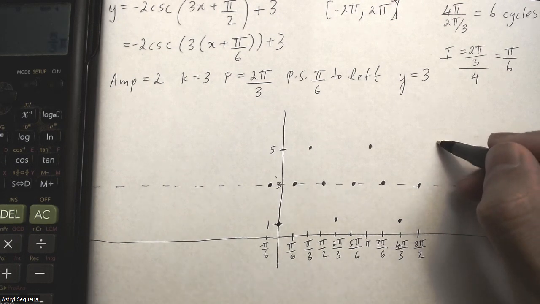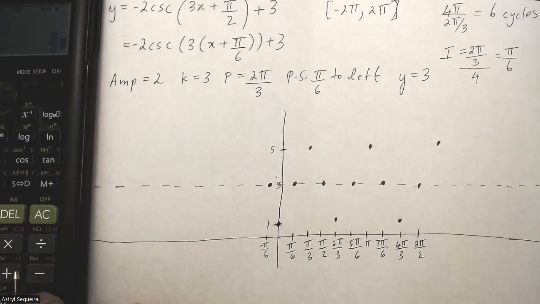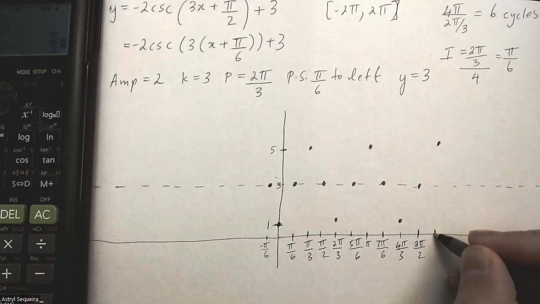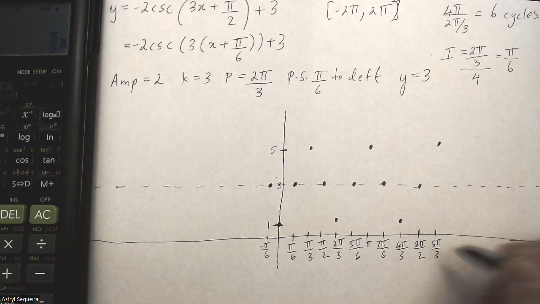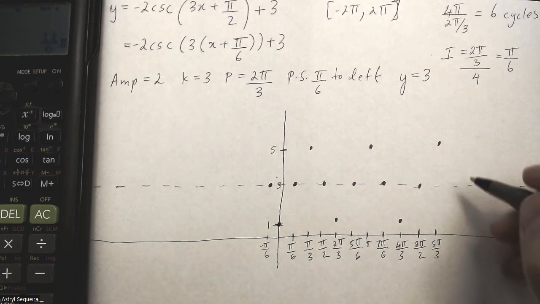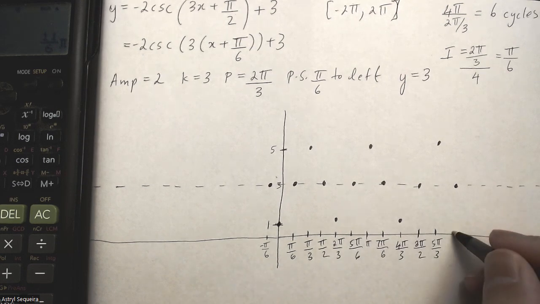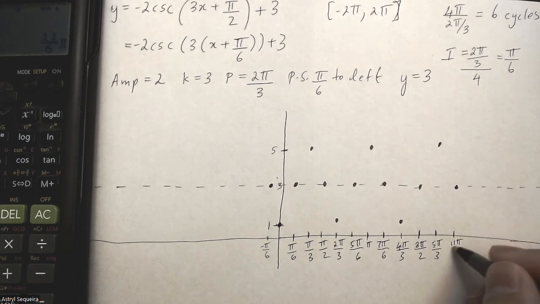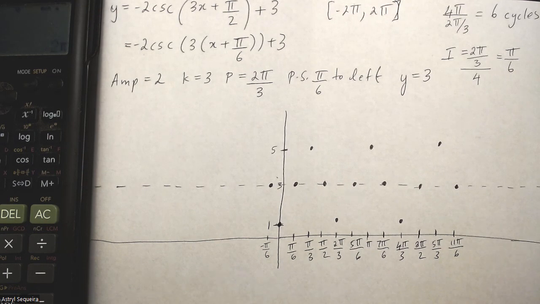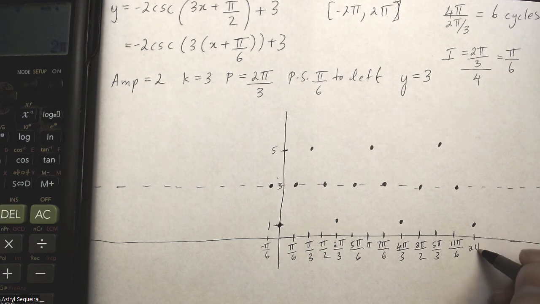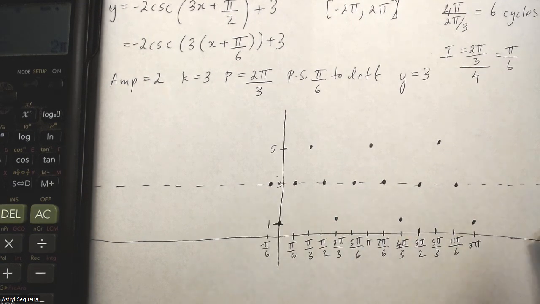Next one is 5 pi over 3. And next one over here is 11 pi over 6. And then last one is going to be at 2 pi, because we want to go from negative 2 pi to positive 2 pi, so I filled out all those points there.